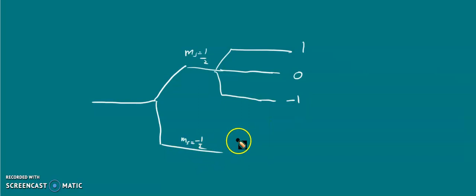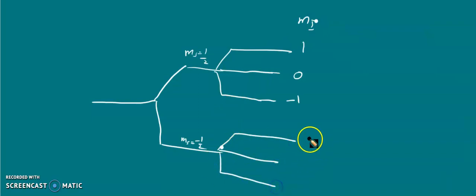Similarly, m_s minus half has 3 m_i values, and out of this the maximum energy is for m_i minus 1. So you have to remember that. Using the same procedure, we have derived the ESR spectrum of the hydrogen atom.